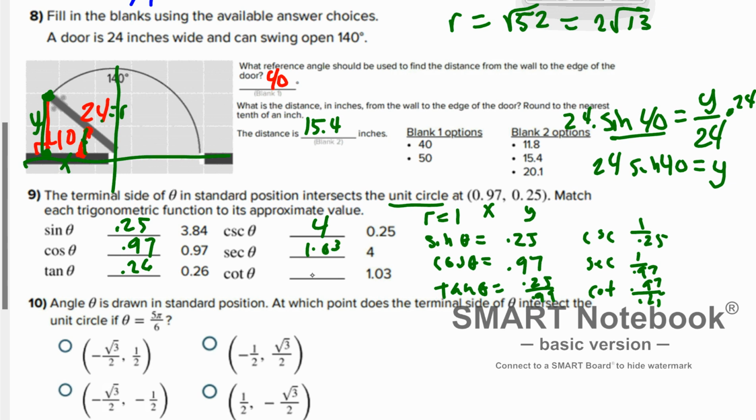And 0.97 divided by 0.25 is 3.88. That looks like a little mess up there. So there you go.